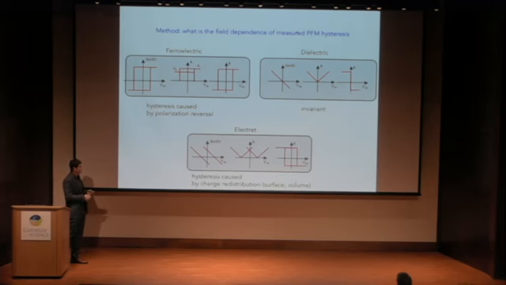Both have phase flips, but they have very different dependence on the applied DC bias, which in one case should not be strongly dependent on DC bias at all. In the other case, you would have these straight lines where the electrostatic force is scaling linearly with applied bias. And of course, we might end up having pure dielectric behavior where there is no phase flip and nothing's changing about the material. And in all realities, it's a mix of all three properties.